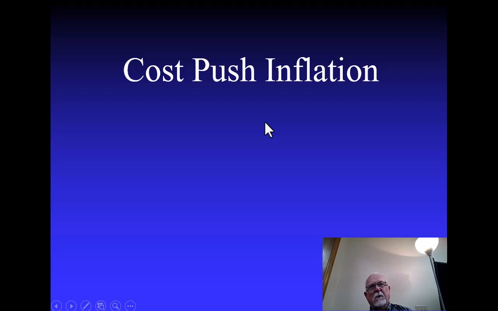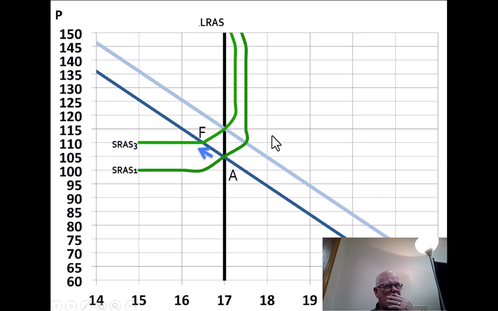However, in the 1970s and early 1980s, we had an atypical situation. It was associated with what's called cost push inflation. So the inflation was not caused by an increase in aggregate demand. That would be this one here, shifting from point A up to this other aggregate demand curve. But in the country, there was a tremendous surge in wholesale cost related to a couple of things.